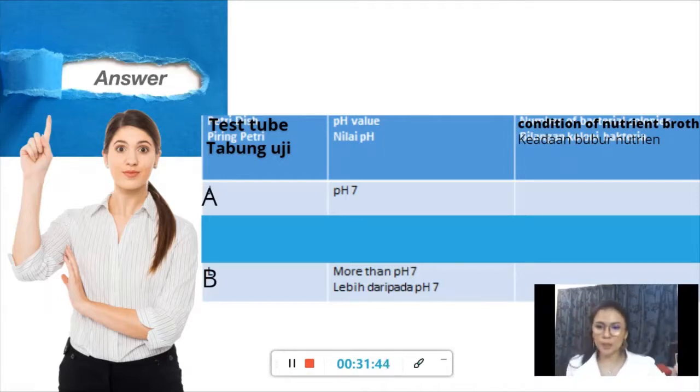Then for test tube B, we add in sodium hydroxide solution. Therefore, its pH value is more than 7. Then the condition, the result of the experiment, we will just leave it blank. You do not need to write in any observation or any result into this question 11. Did I make myself clear to you?